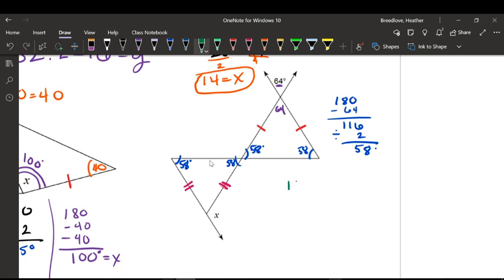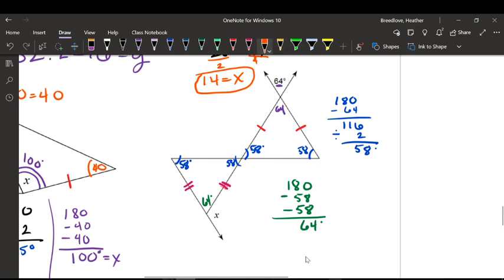So if I say 180 minus 58, and then subtract another 58, that gives me 64. So this is 64 degrees. And then that makes a linear pair. Right here, it's a linear pair.